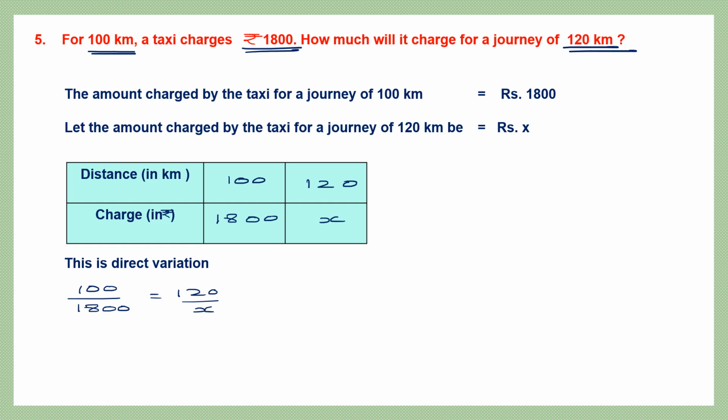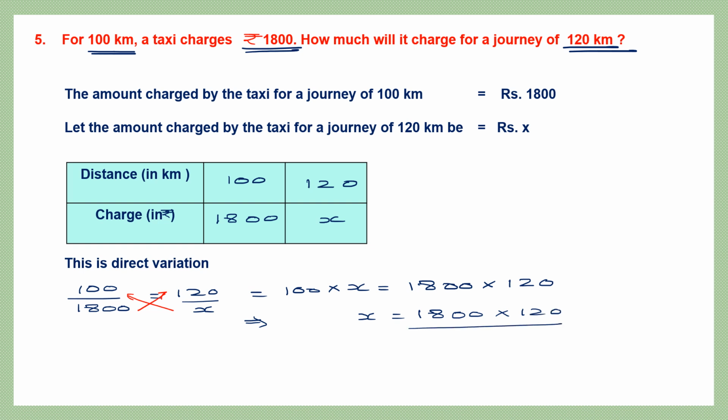So again, here we can cross multiply and write this as 100 into x is equal to 1,800 into 120. Now we can find the value of x. We can say x is equal to 1,800 into 120 divided by 100.